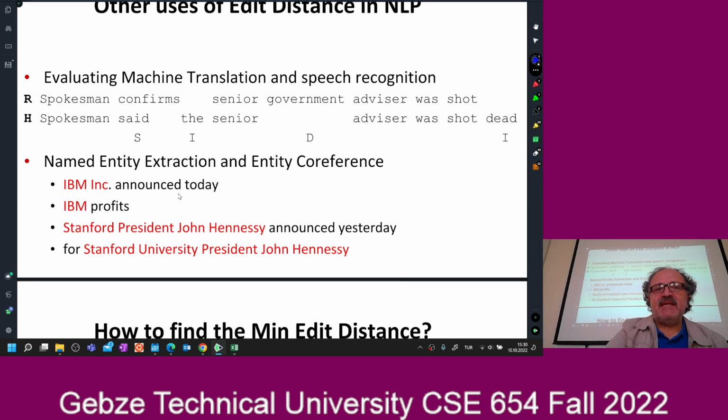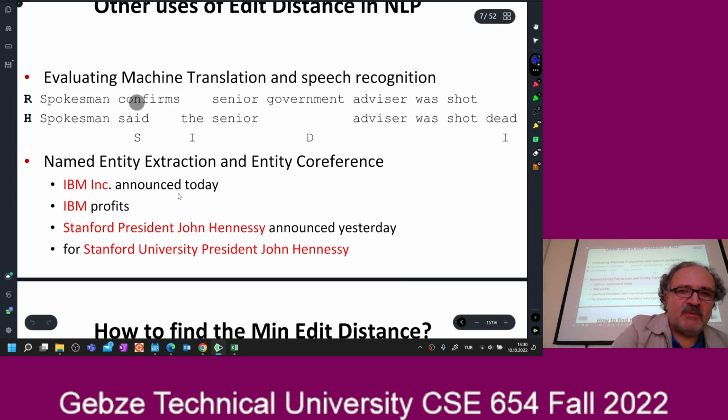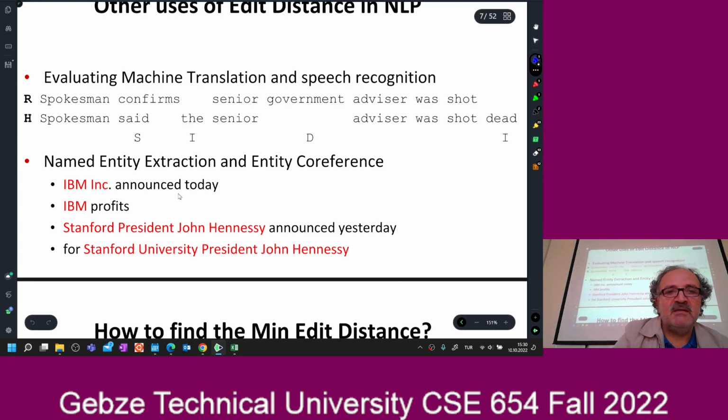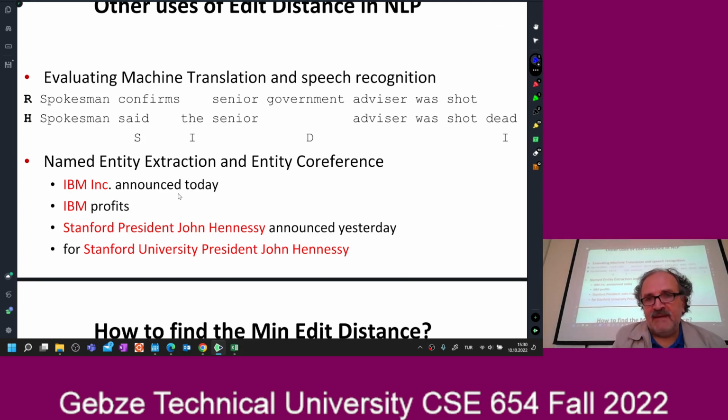Well, I expect that, I mean, these have exactly the same vector, right? Their vectors are very, very similar. In fact, they are the same. How about this one? Okay. Confirms and said, kind of the same. They should have similar vectors. So substituting this one with this one should be less costly.